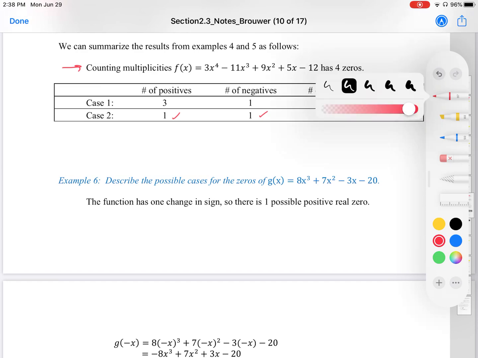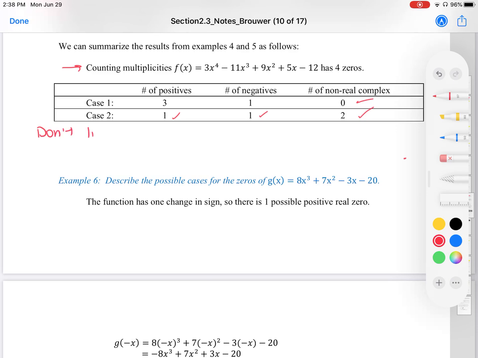If you're not a fan of Descartes' rule of signs, that's okay. You can just do synthetic division until you're done, or until you reach a quadratic. You can just blindly check every number on your list.